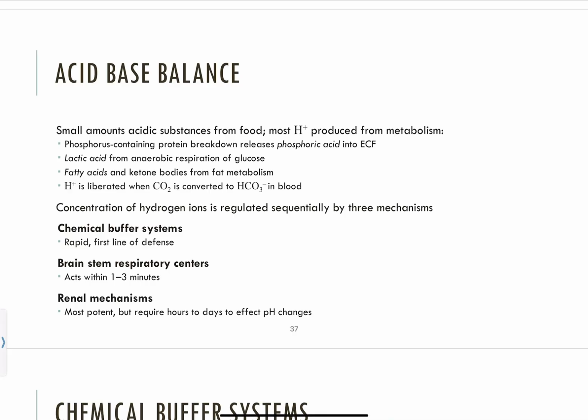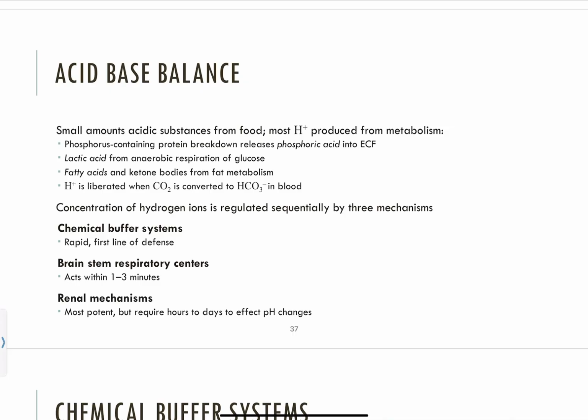The downside to using our respiratory rate to adjust for pH is that the only thing that we can actually get rid of and alter is carbon dioxide. We can't actually get rid of any of the other metabolic waste products like uric acid via our respiration. So we still have to figure out something else to get rid of all of those other acidic waste products that we have.